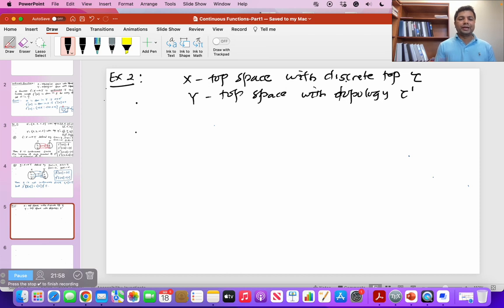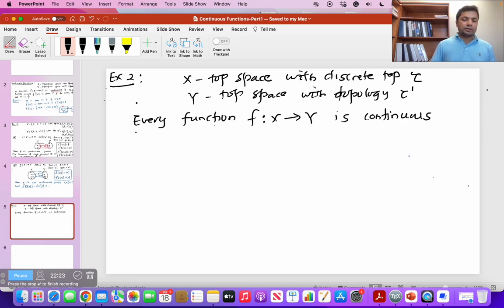It could be any topology on Y. Then every function f from X to Y is continuous. Okay, it's continuous.